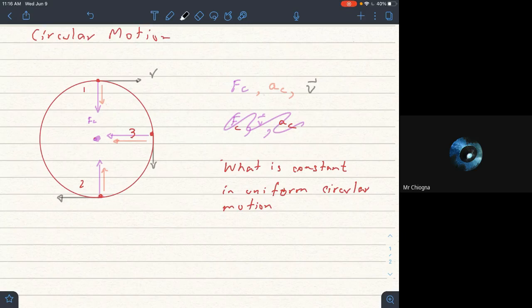The same length of arrow means it's a constant speed, not a constant velocity because the direction's changing. We're talking about all the magnitudes of these vectors are equal at each point. All the red vectors are equal in length, indicating a constant acceleration in magnitude, not in direction.